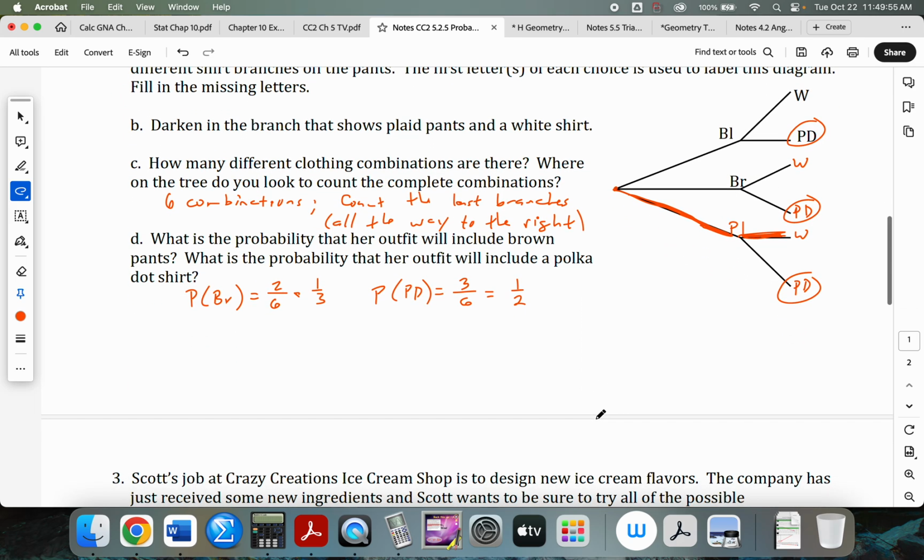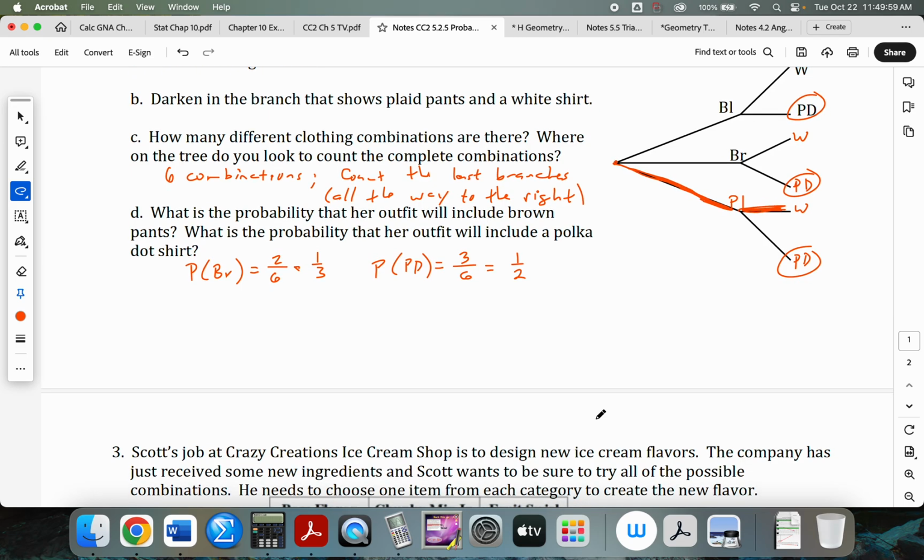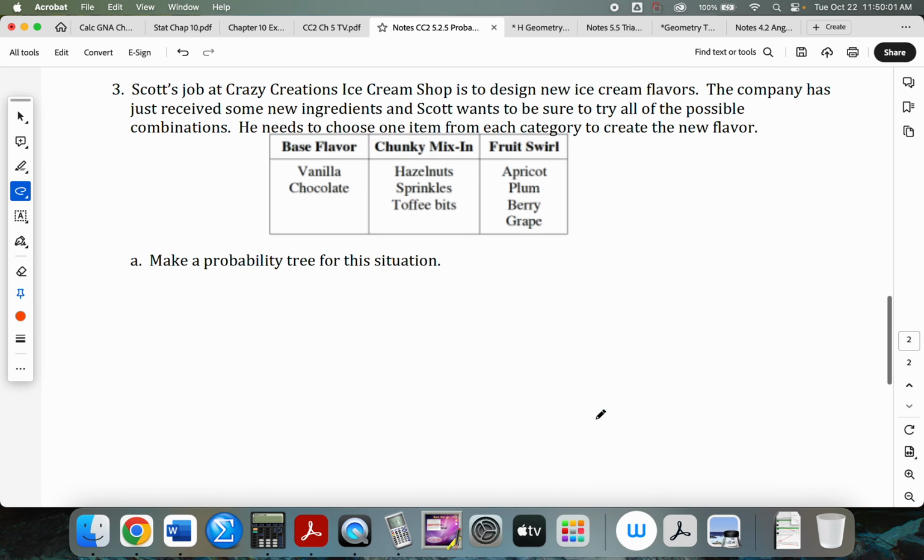All right. Let's look at this one. So when you only have 2 events, I think it's easier to make a table.